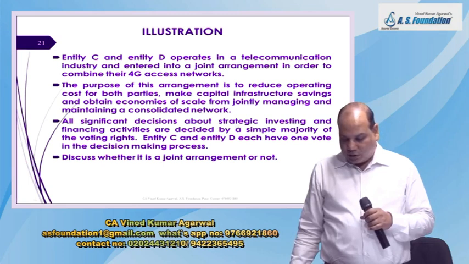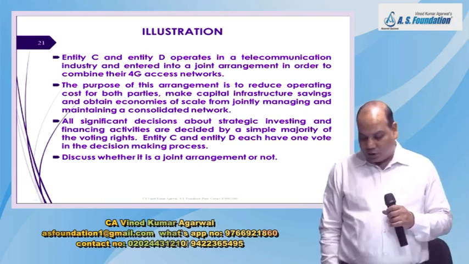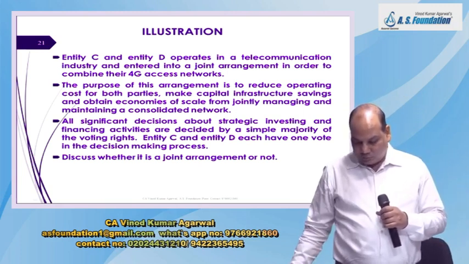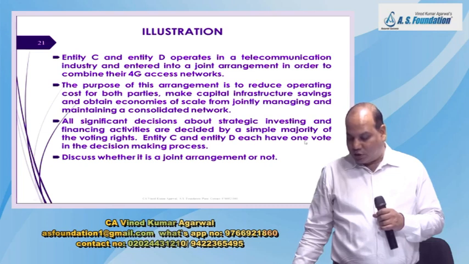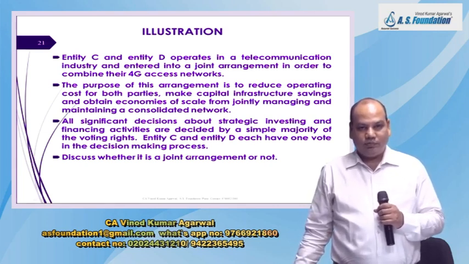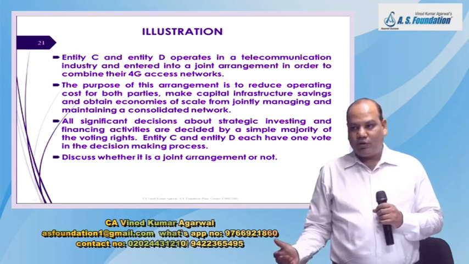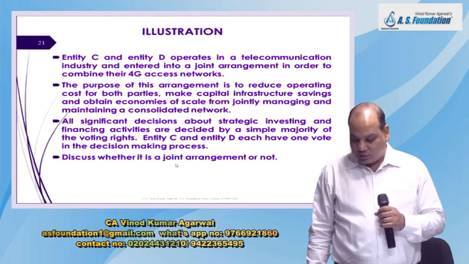All significant decisions about strategic investing and financing activities are decided by a simple majority of the voting rights. So you require a simple majority. But see the problem. Entities C and D each have one vote in the decision making process. So how will you achieve majority? Both should agree. If both should agree, that means the decisions will require unanimous consent.